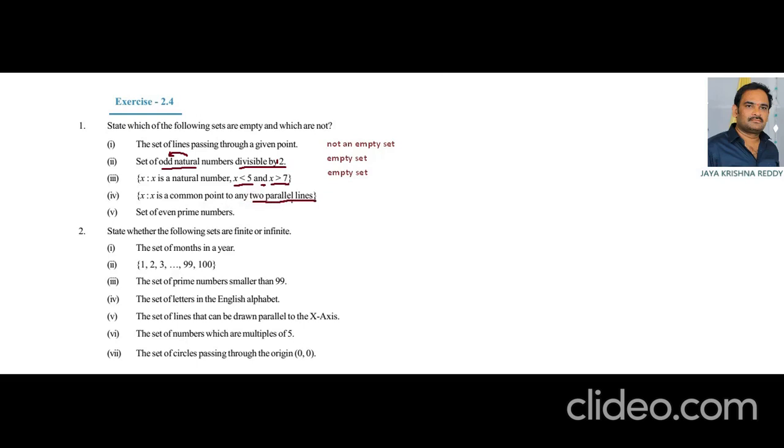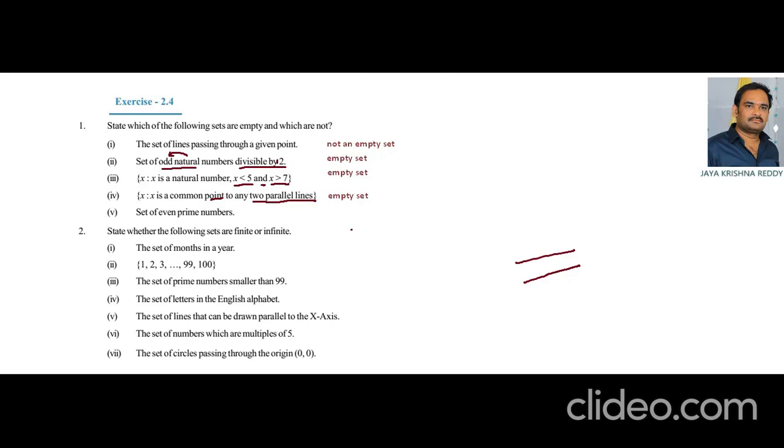As per the definition of parallel lines, the lines have no common points, which means the lines do not touch each other. But here x is a common point to parallel lines. That is not possible because parallel lines do not have a common point. So this is also an empty set.